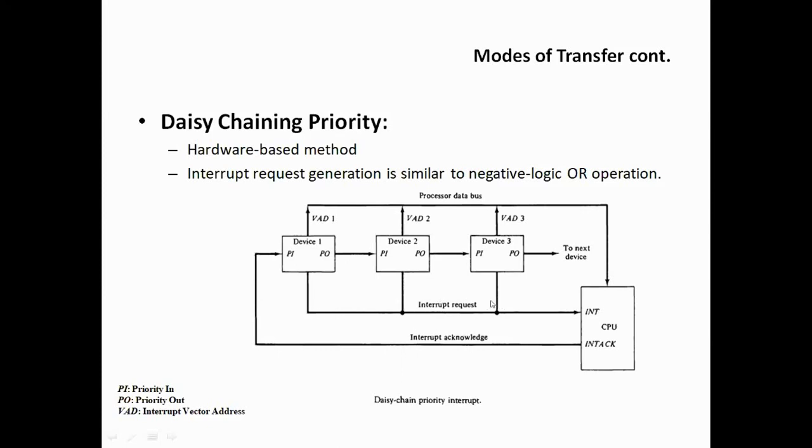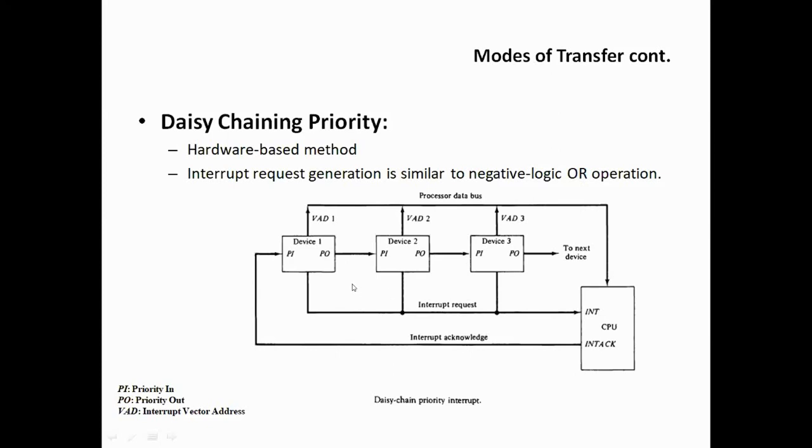So 1 0 0 in an OR gate produces 1. In the same way, if two devices at a time become 0 0, both produce an interrupt, so again this will become 1. Whether one or many produce an interrupt, the negative logic OR will create a 1 here. So an interrupt signal will be sent to the CPU.